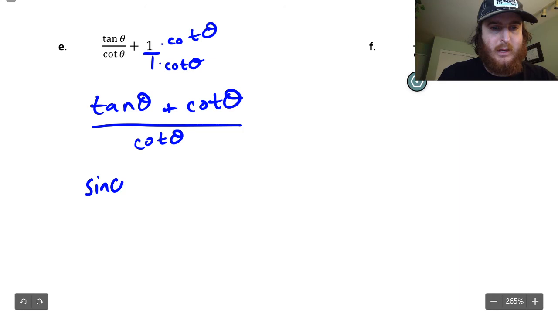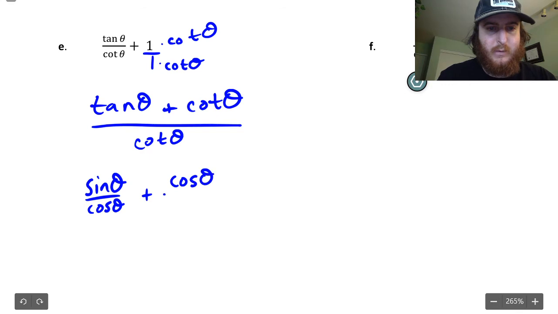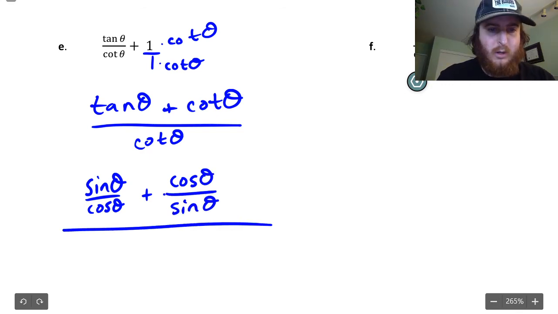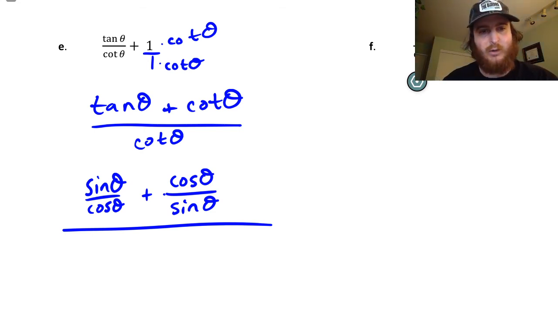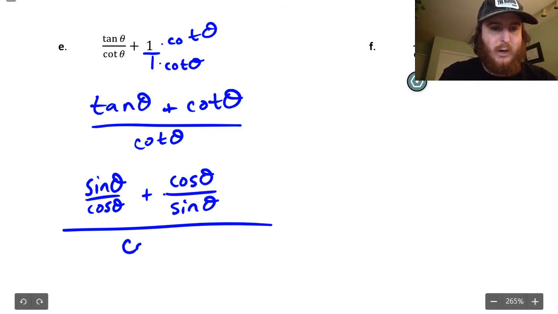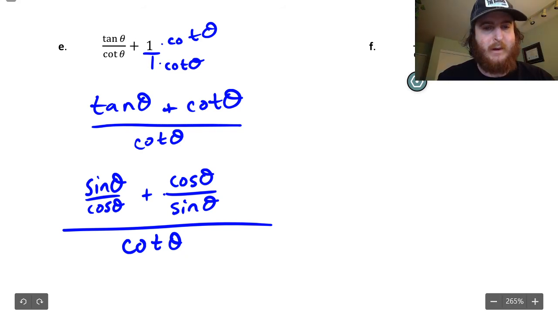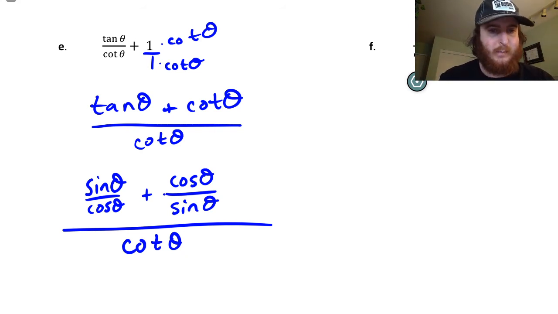Well, we can say, okay, what is tangent theta? Tangent theta is sine theta over cosine theta plus cotangent is cosine theta over sine theta, and that's all over cotangent theta. Now, the reason I'm not writing cotangent theta as cosine over sine is, remember, let's first work on simplifying the numerator, but leaving the denominator alone.